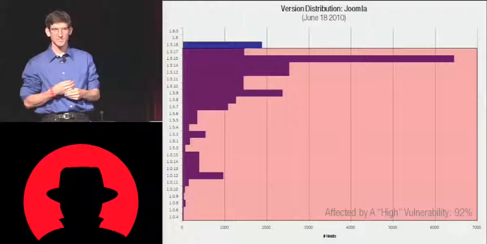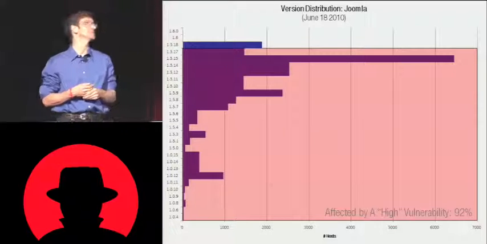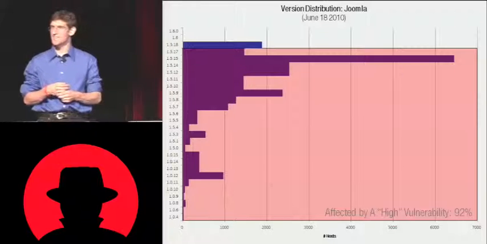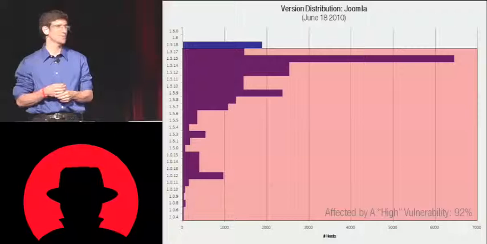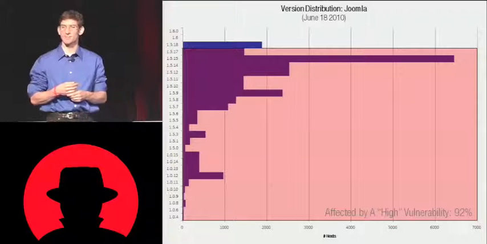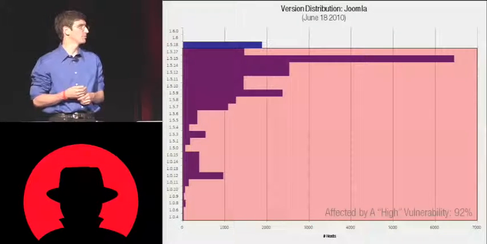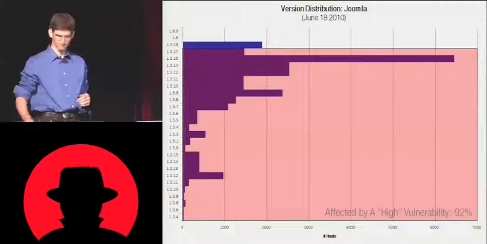Like the vendor has said, here, update your software, here's a fixed version, don't run this stuff anymore. And still 92% of people don't update. I'm not saying anything surprising if I say users don't update. I may be saying something a little more surprising if I say website administrators don't update, but not hugely surprising there. But it's staggering to me how far behind all of these guys are.